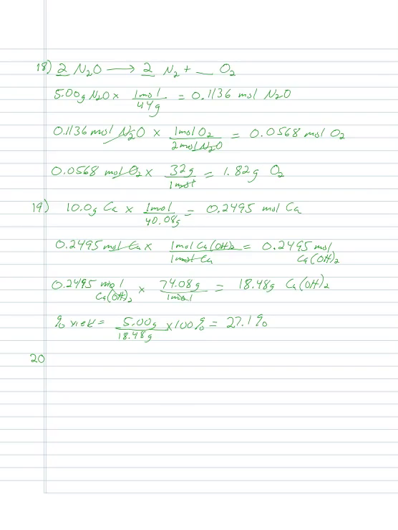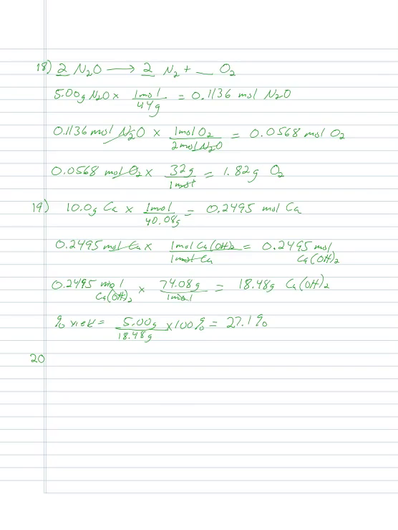So we still end up with 0.2495 moles of calcium hydroxide, and now we're going to take that number of moles and convert that into grams, and that's going to tell us how many grams of calcium hydroxide we expected to get out.